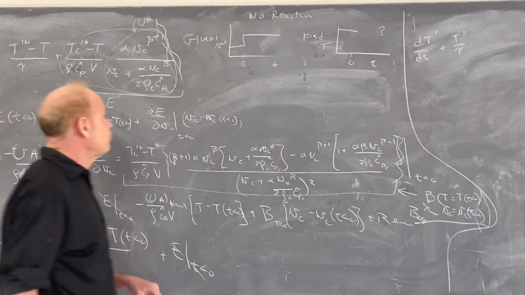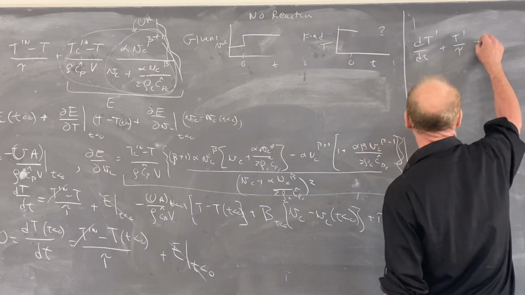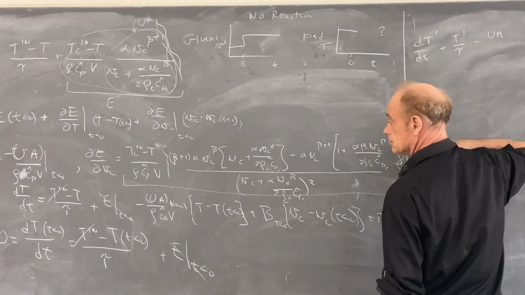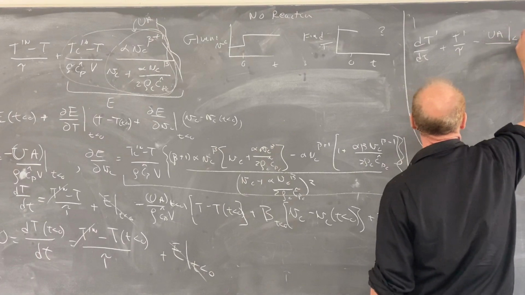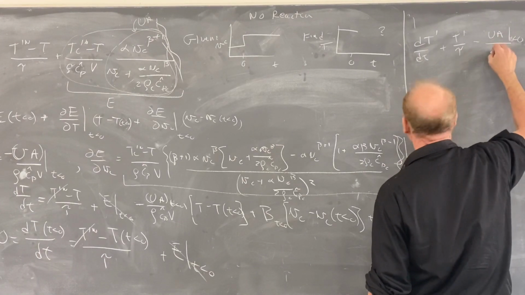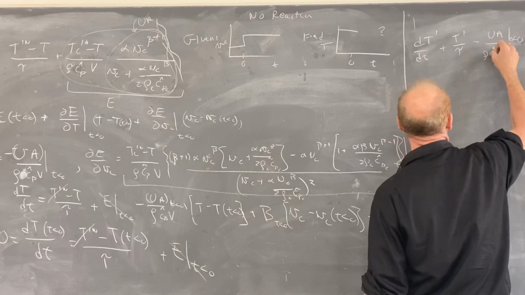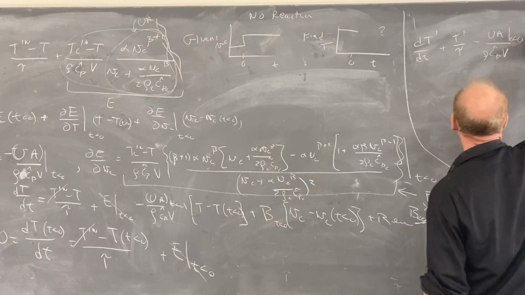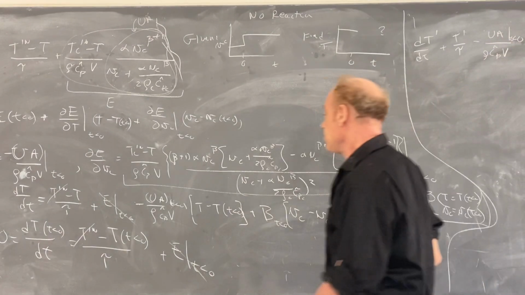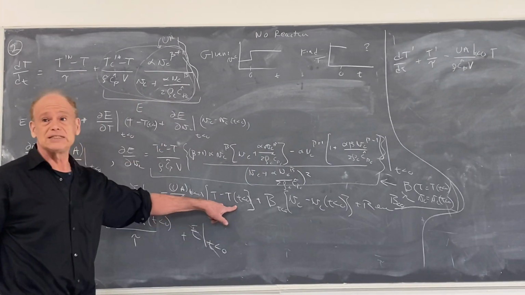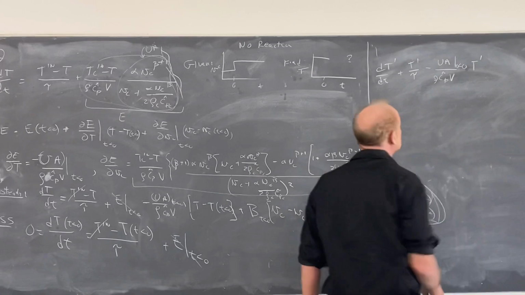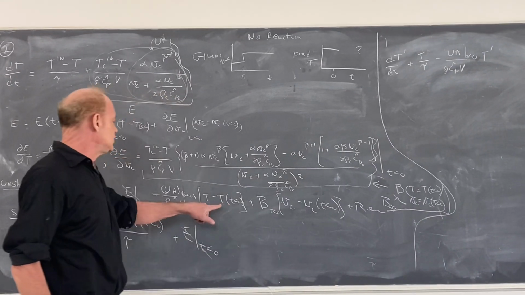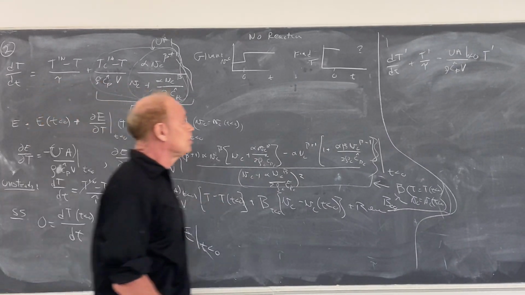All right, so what am I left with? Here I have minus UA at t less than 0 over rho Cp hat V times (T minus T less than 0), which is T prime. It came in with the minus on this side of the equation, so I'm just going to move it to the other side.